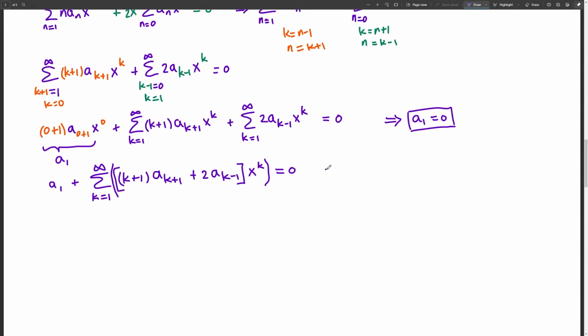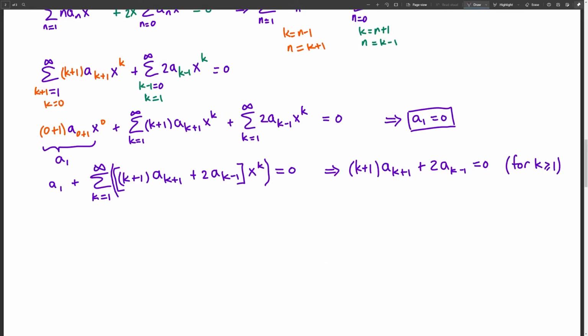So from this, it follows that k plus 1 times a sub k plus 1 plus 2 times a sub k minus 1 is equal to 0. And this holds for k greater than or equal to 1.